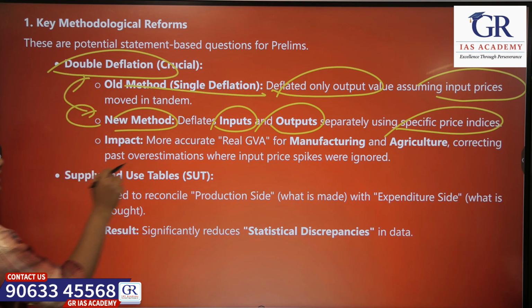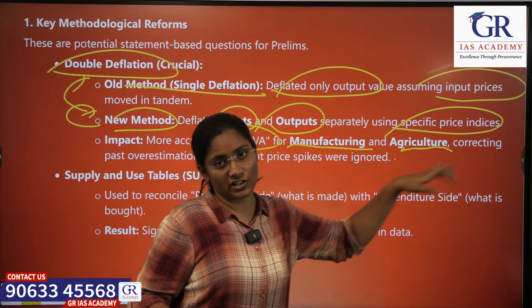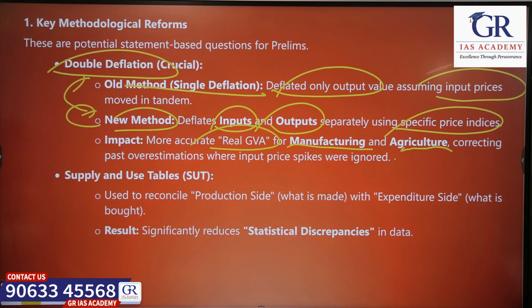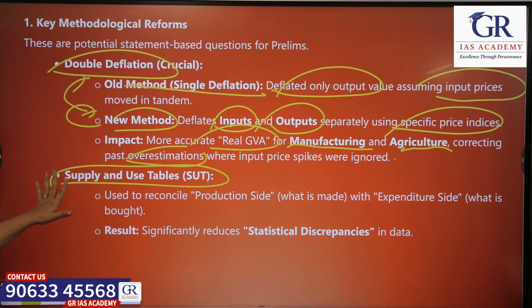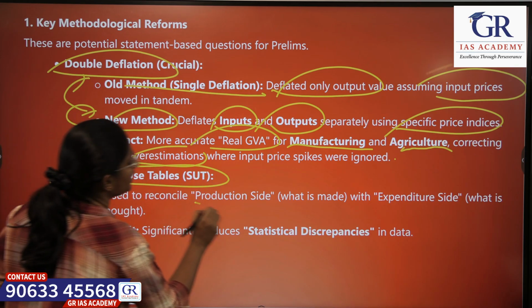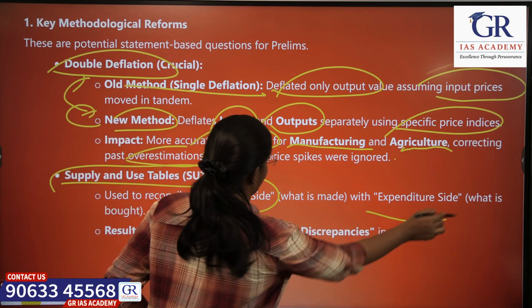So, what is the impact of the new method over the old method? It provides more accurate real GVA for manufacturing and agriculture, and corrects overestimations. Okay. What about the supply and use tables? They are used to reconcile the production side with the expenditure side.